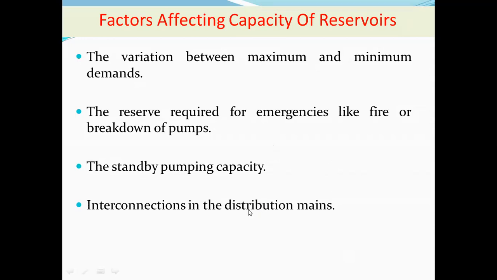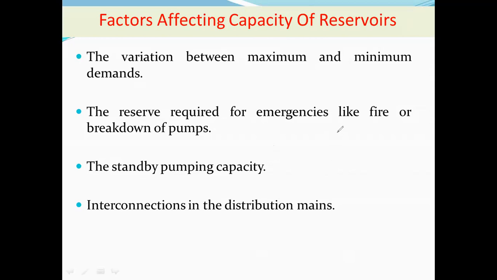Okay, the next point is interconnections in the distribution mains. See, if the interconnection between the distribution mains is more, then the capacity of the reservoir will be reduced. Now here we have not yet studied the different systems of water distribution.